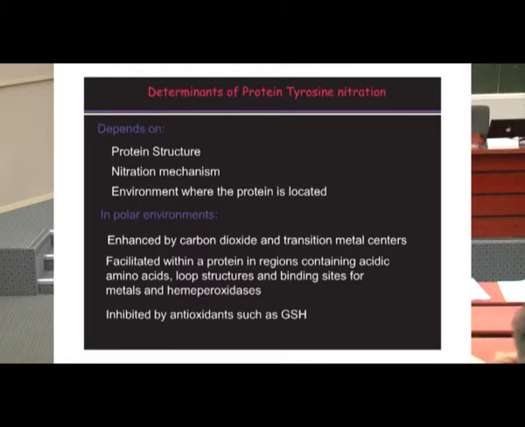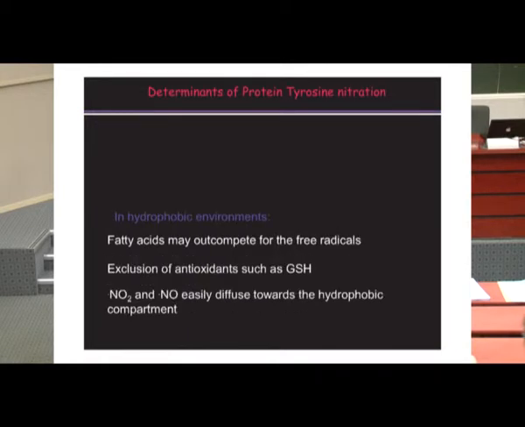It is facilitated within proteins which have acidic amino acids nearby the tyrosine residue, loop structures, and binding sites for hemoperoxidases or metals, and it is inhibited by antioxidants that are normally present in the aqueous phase, such as glutathione, which reacts with NO2 and therefore inhibits tyrosine nitration.